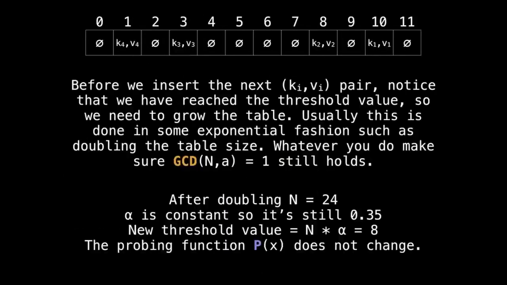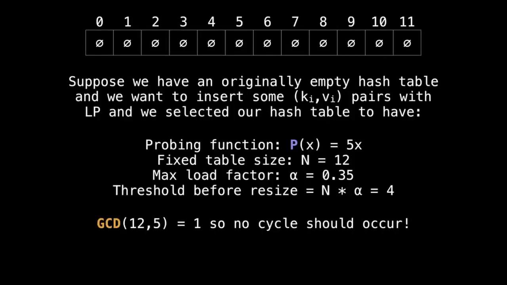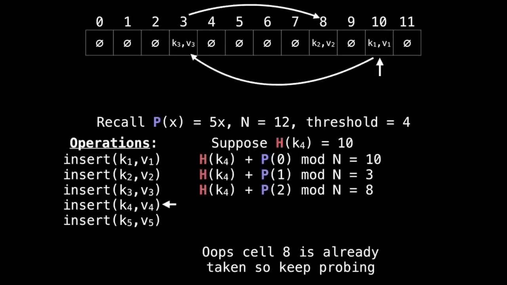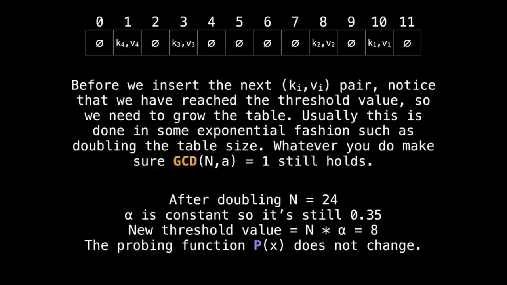However, now notice that we've actually reached the threshold of our table. If I go back a few slides, we can see that I picked alpha to be 0.35. So n, which is the table size, times alpha gave us 4. And we just finished inserting the fourth element, so it's time that we resize the table.